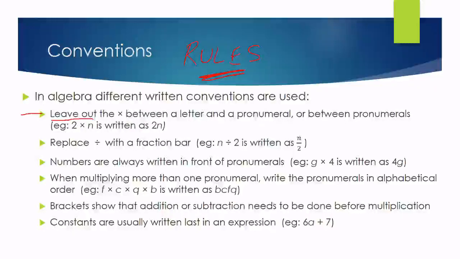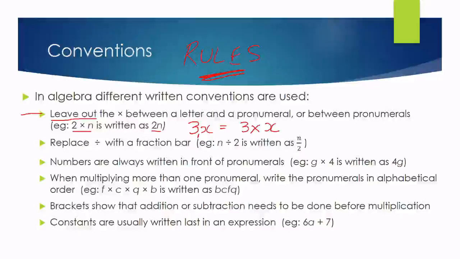So the first little convention is we leave it out. So something like 2 times n actually gets written as 2n. For example, take me back to that previous example where I had 3x. 3x means 3 multiplied by x. So we actually don't have the multiplication sign written in there.